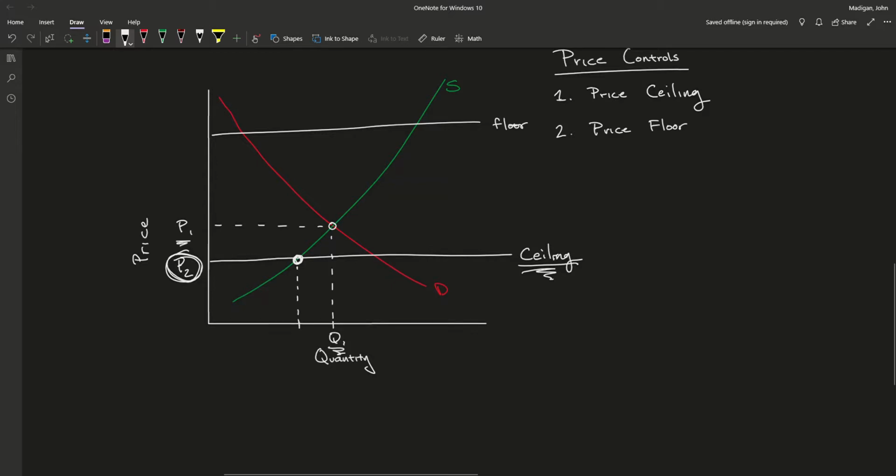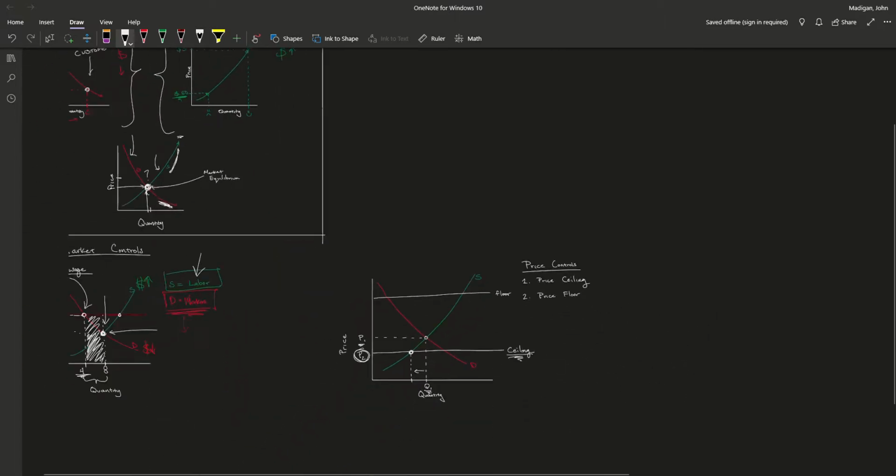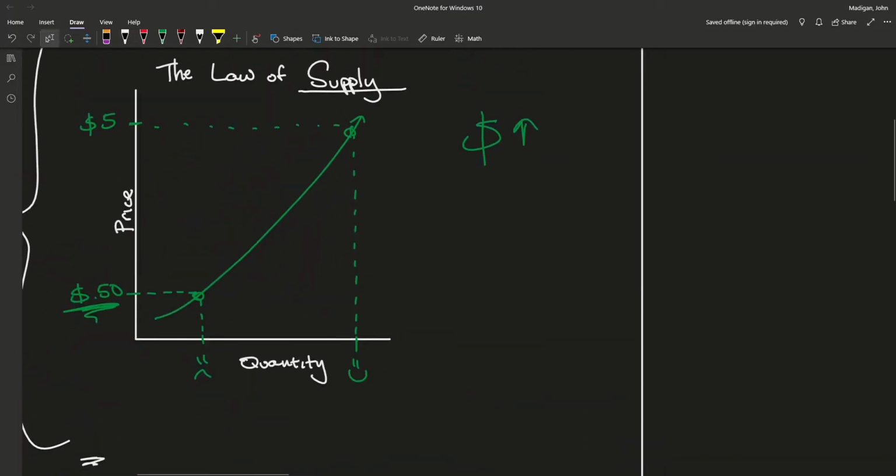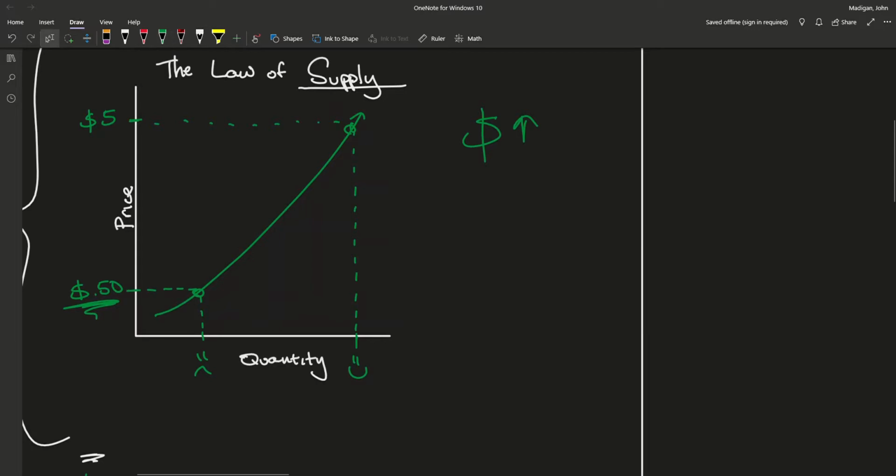The supply would move down that much because, remember, like we talked about before, in this example, sellers want to make money, right?